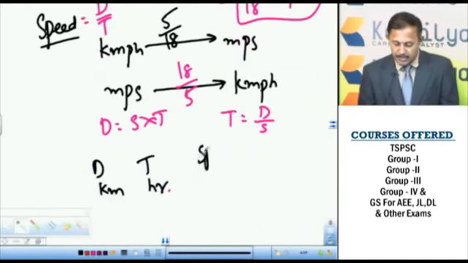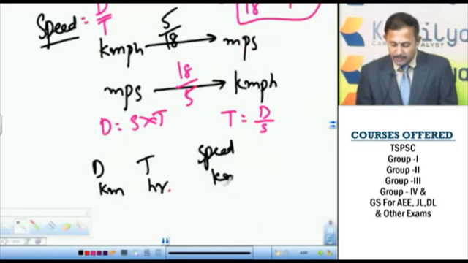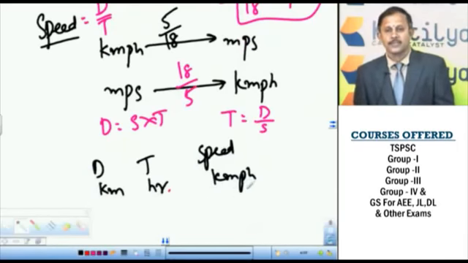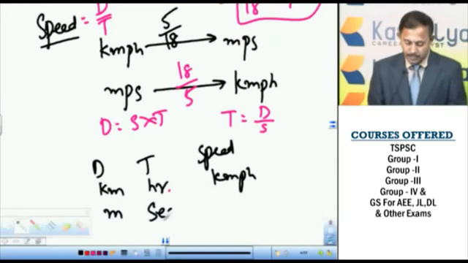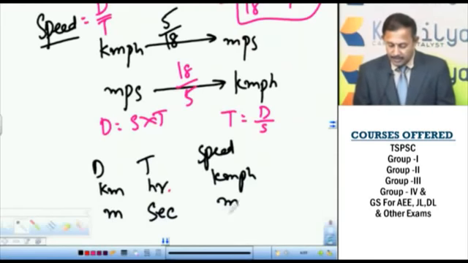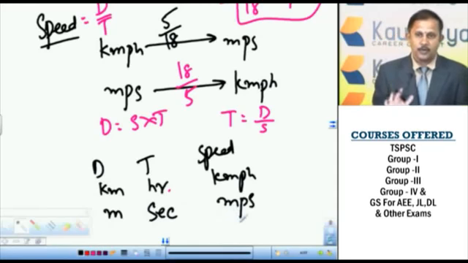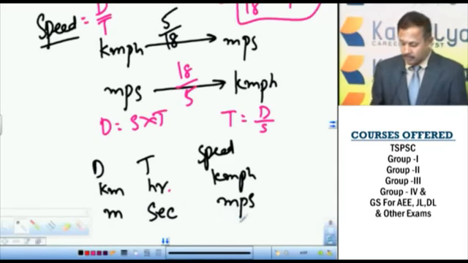Then you can get the speed in terms of kilometer per hour. Suppose the distance is given in terms of meters, we have to take the time period in seconds, so that the speed can be obtained in meters per second. So at all the levels we have to take care about the unit, right? Now we can go through some of the examples.